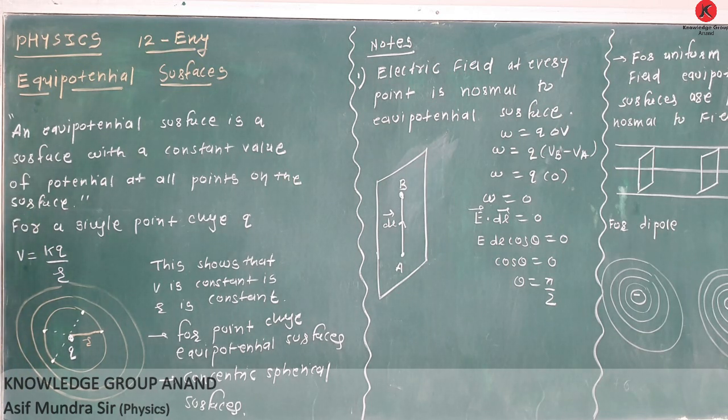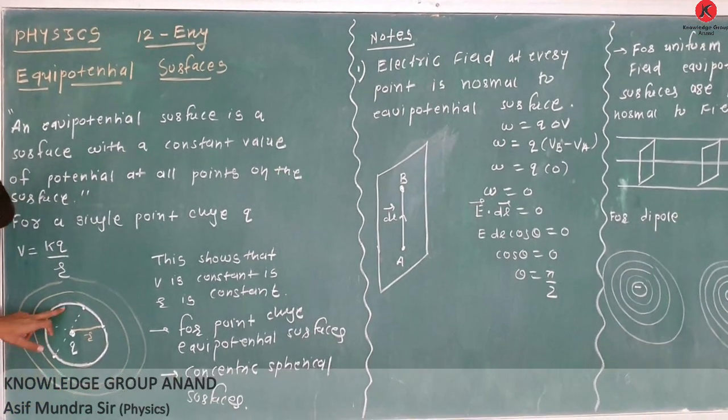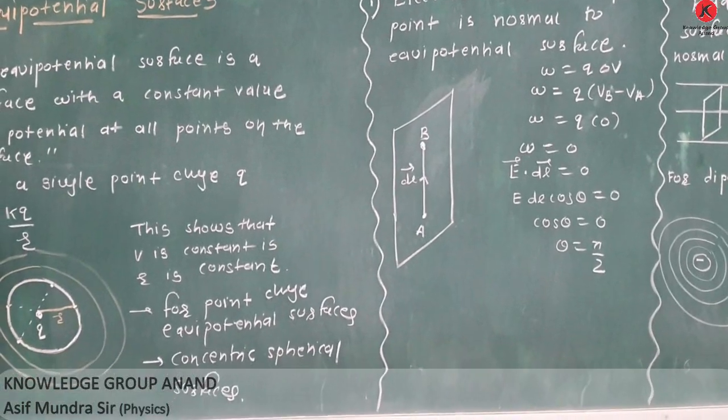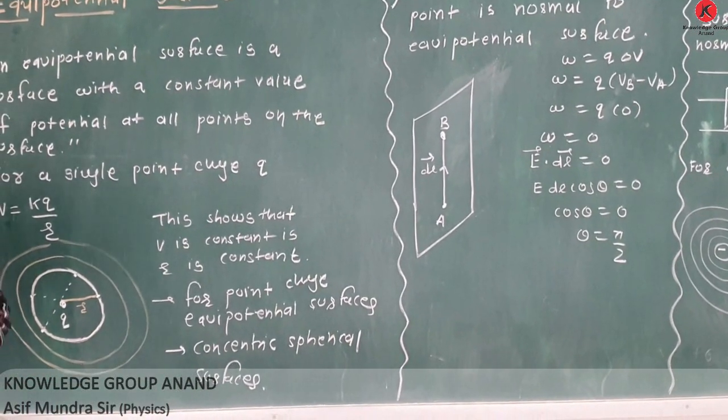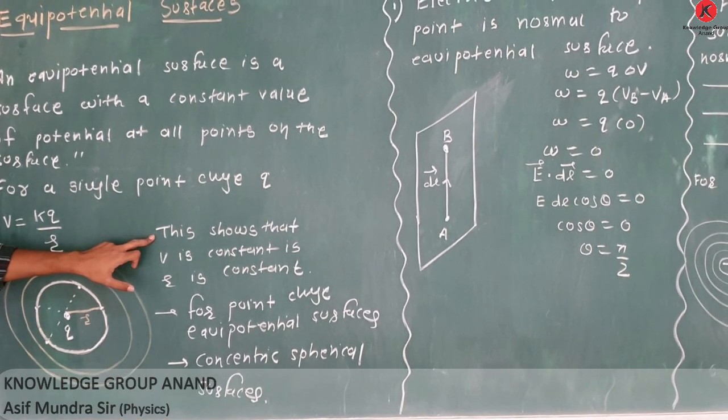So if I draw one surface passing through such points having equal potential, it is called an equipotential surface. So if r is constant, potential is constant.